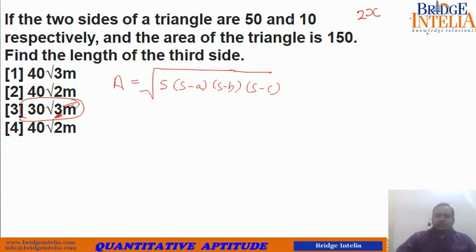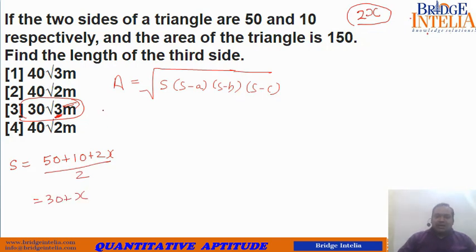So the semi perimeter will be equal to 50 plus 10 plus 2x divided by 2. So this is 30 plus x.